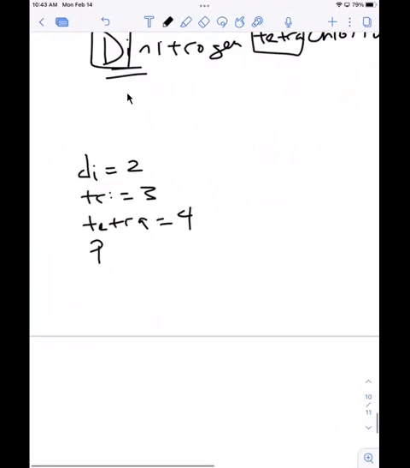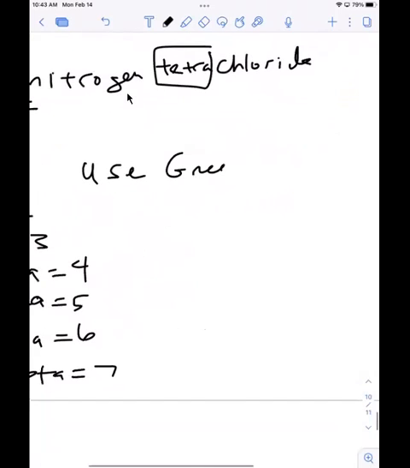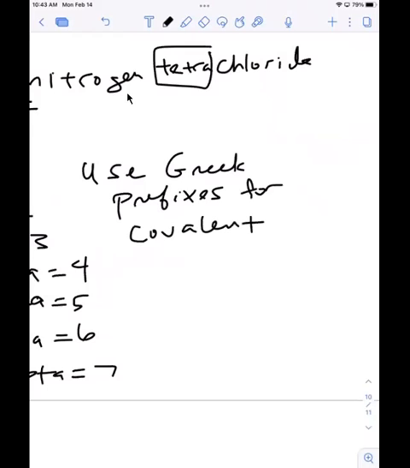So tetra is 4, penta is 5, hexa is 6, so on and so on, and hepta is 7. So we're going to use Greek prefixes for covalent compounds, right?